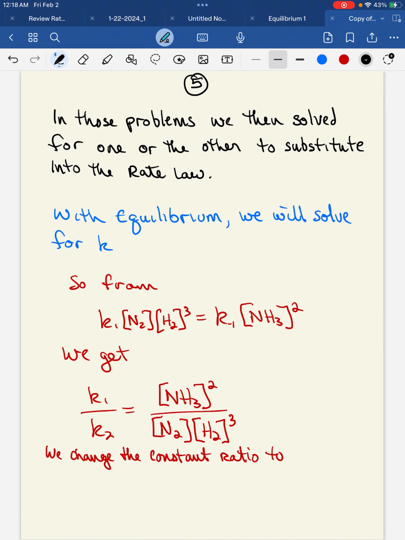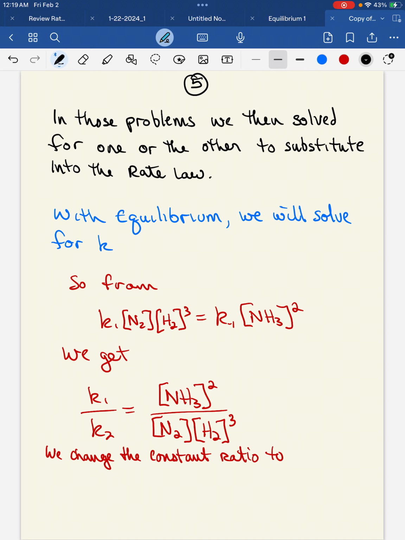And for those problems, we generally then solve for one or the other of the chemicals, putting all the k's together on the one side. But in equilibrium, we're going to solve for K instead of for one or the other of the chemical compounds or molecules.